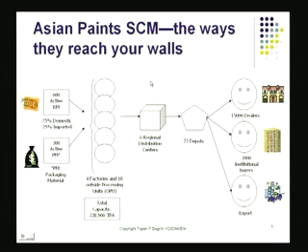Here's a supply chain schematic for the Asian Paints Company in India, and it shows the various steps they go through to try to reach your walls in your homes or apartments. They begin of course with ingredients which are like active materials. These go into making the paint. Then they've got certain components that must be brought together. Then they've got packaging material.